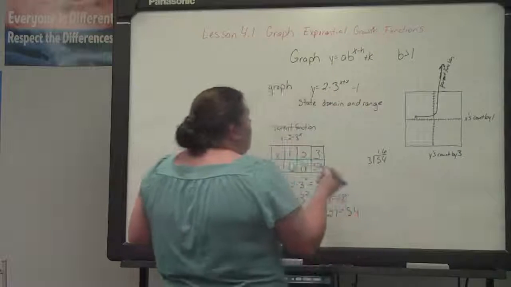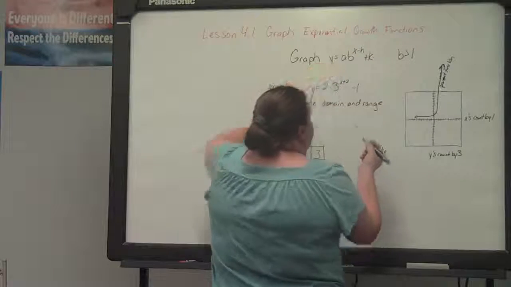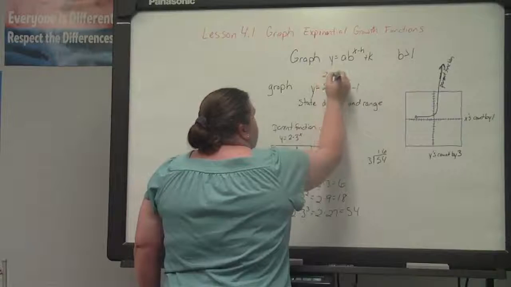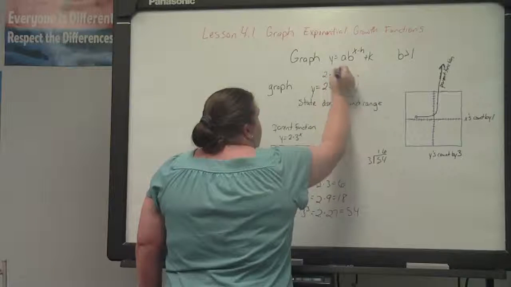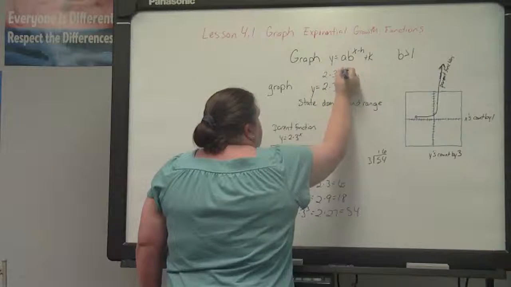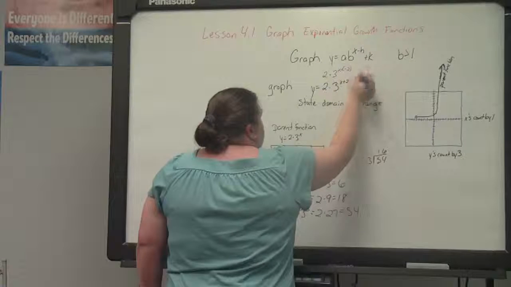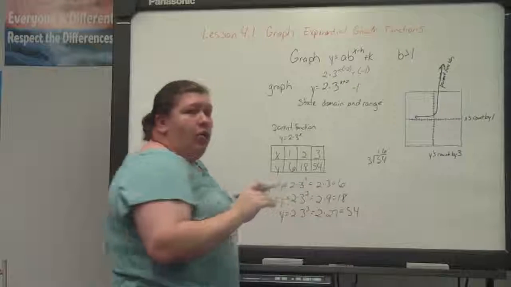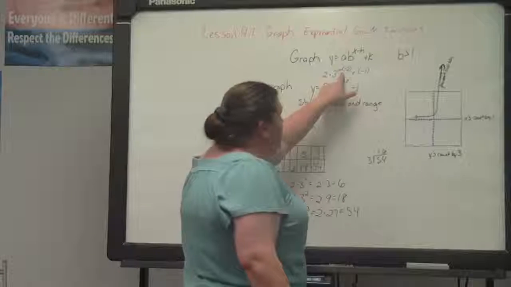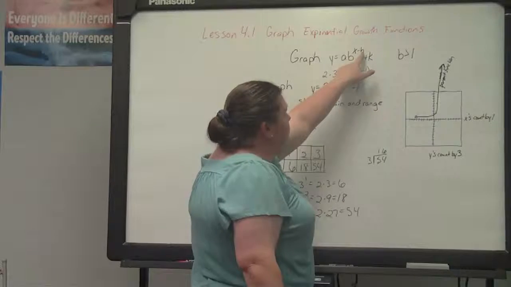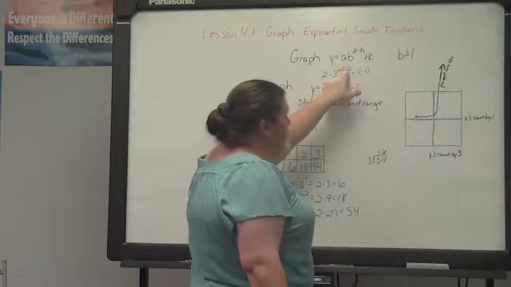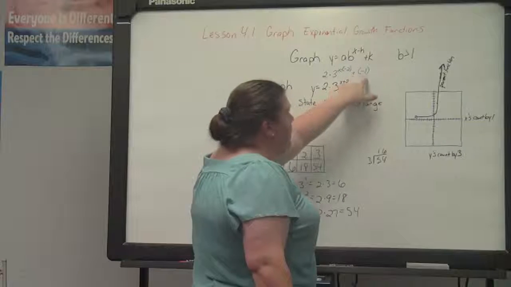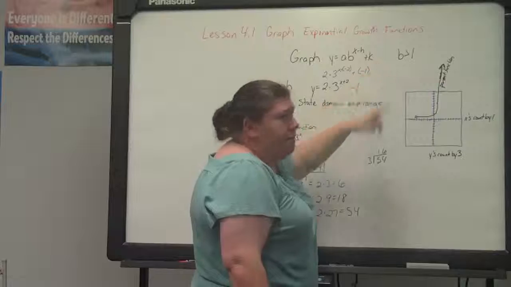So right above this, I'm going to rewrite this as 2 times 3 to the x minus a negative 2, plus a negative 1. That way you can see my minus h, so it's a minus a number, and then plus a number, which is plus k.